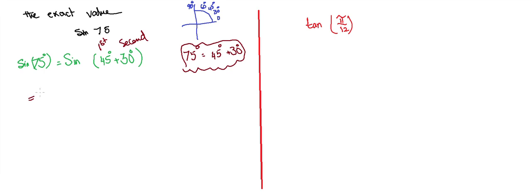So sine here will be sine 45 cosine 30 plus, we are applying the rule: sine first, cosine second, plus cosine first, sine second. Okay, again use the same thing. Here I have my fingers.